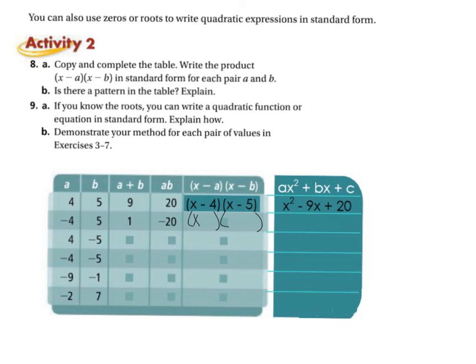So for this one, x minus a means it's going to be minus a negative. Okay, so minus negative 4, we'll change this to plus 4. And then x minus b, so x minus 5. And then you're going to FOIL it, just like we did in the examples. FOIL this to get the final form. Make sure you bring your completed work and notes to class tomorrow.